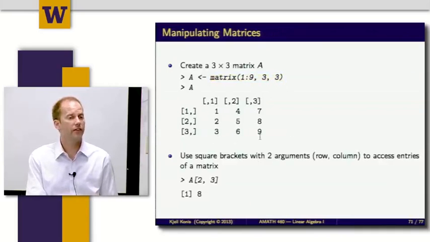To get at the individual elements, I can use square brackets now, but because I have a matrix that's got a number of rows and a number of columns, I have to use 2 arguments with my square brackets. And so if I say A[2, 3], that's going to be second row, third column, and so I get an 8. And that's what I see here.